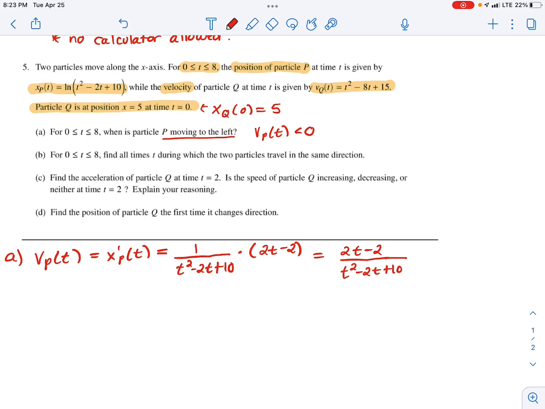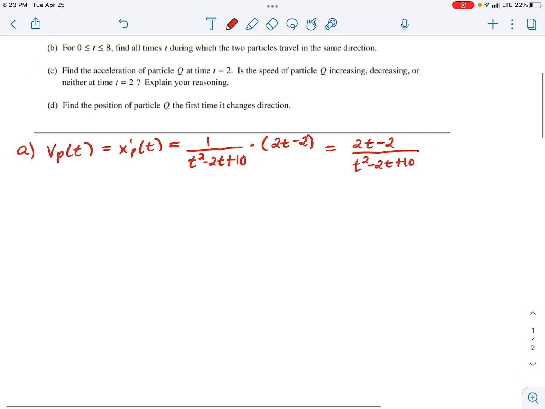Okay. So if I want to figure out when this is bigger than 0, I can use the same idea that I use for local maxes and mins, where I figure out where it's equal to 0 and then make a number line and test values in between to see where it's positive or negative.